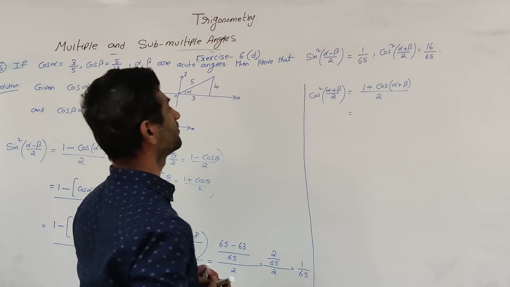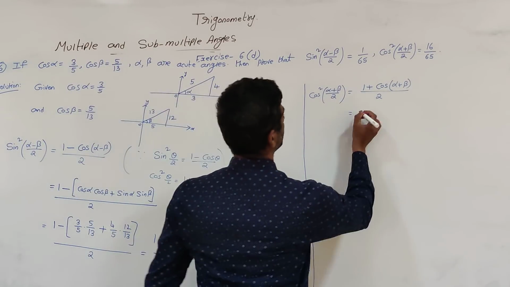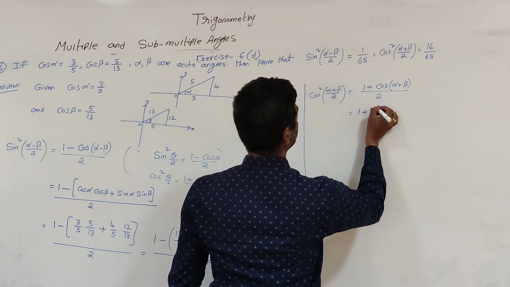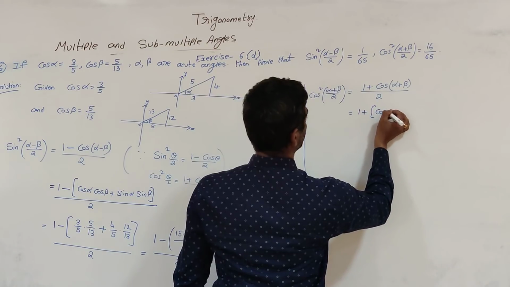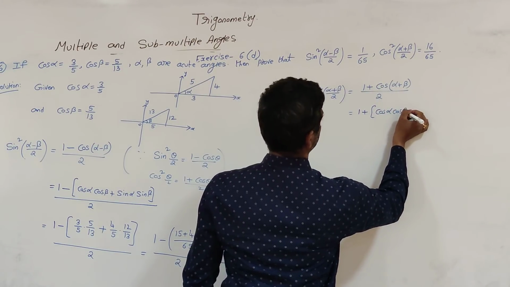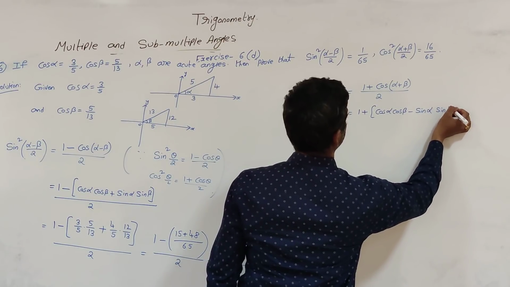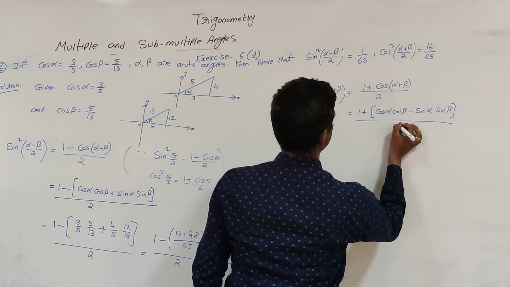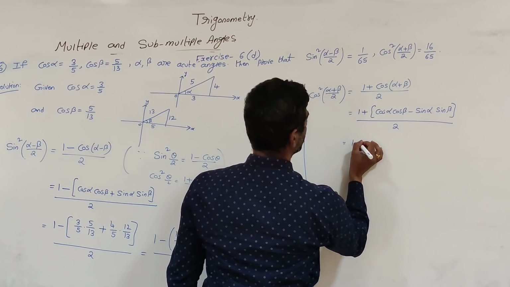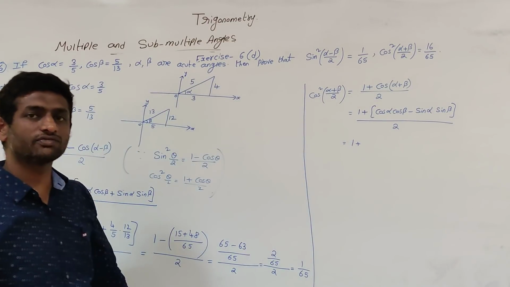What is cos of alpha plus beta? It is cos alpha cos beta minus sin alpha sin beta, upon 2. Now substitute the values of cos alpha, cos beta and sin alpha, sin beta.